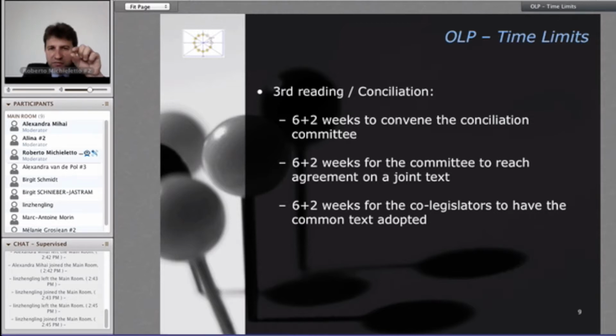At the end, you have 6 weeks for adoption, because even if the conciliation committee finds a compromise, the co-legislators, so the Council on one side, and the European Parliament on the other side, can decide to reject the joint text or the compromise prepared by the Conciliation Committee. This is the reason why we have this extra phase of 6 weeks for the co-legislators to adopt the joint text, the common text found by the Conciliation Committee.